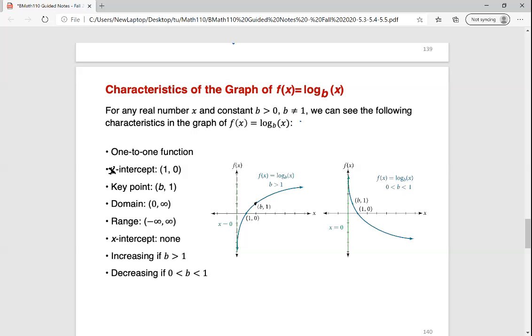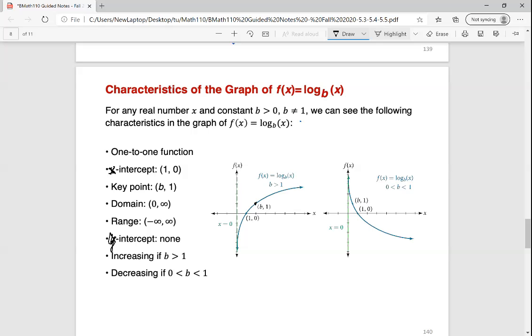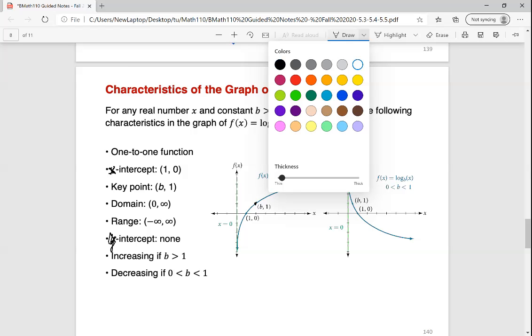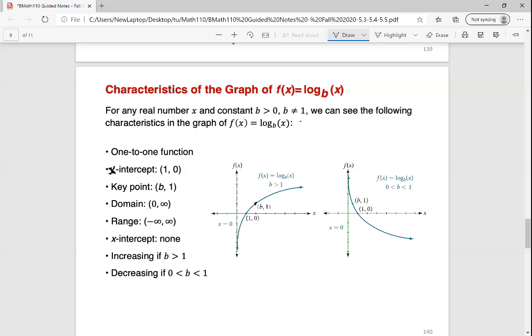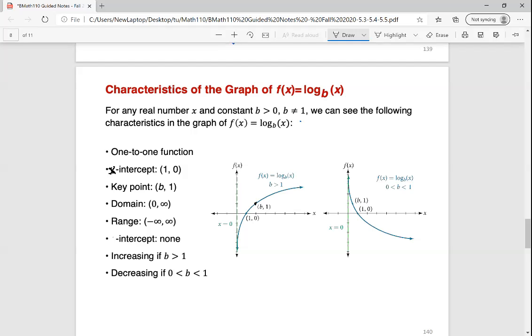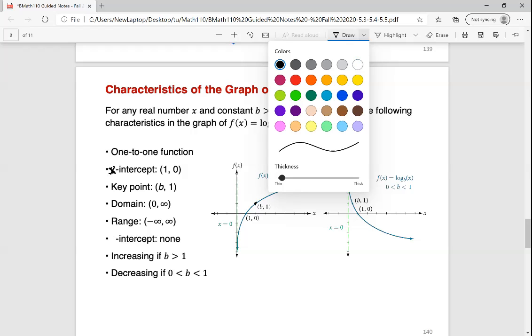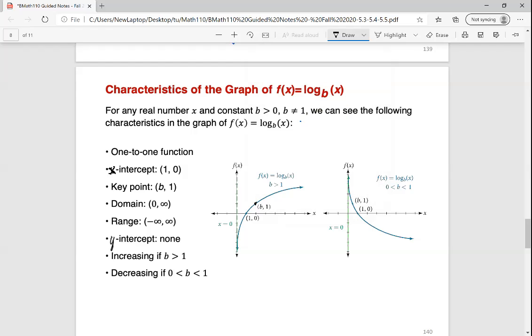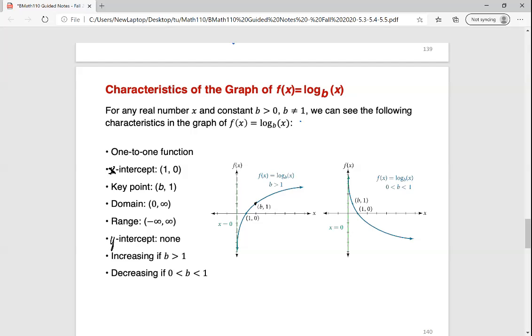For the intercept, I have to say y-intercept here, right? Now, change this. So y-intercept: the graph will never touch the y-axis, so there is no y-intercept.